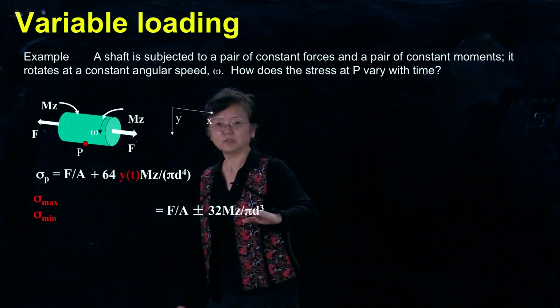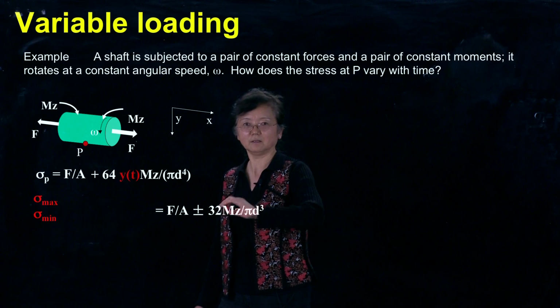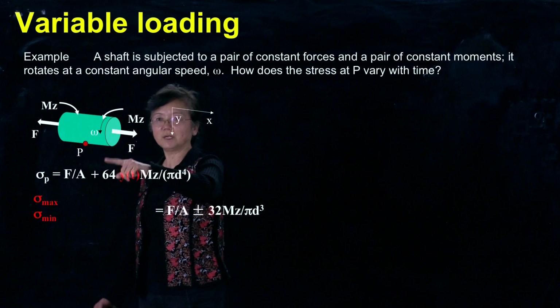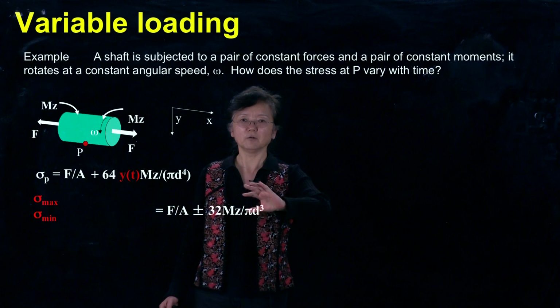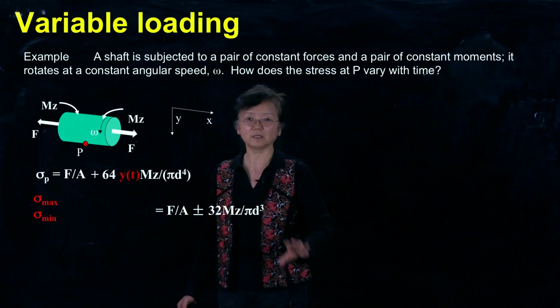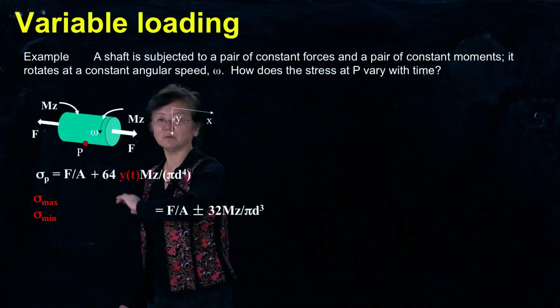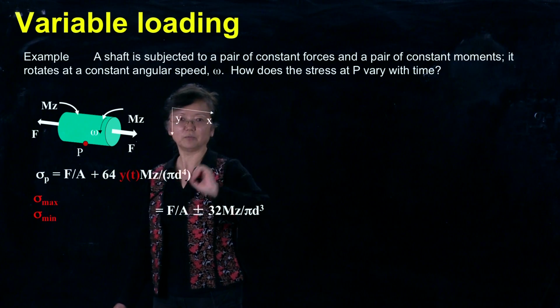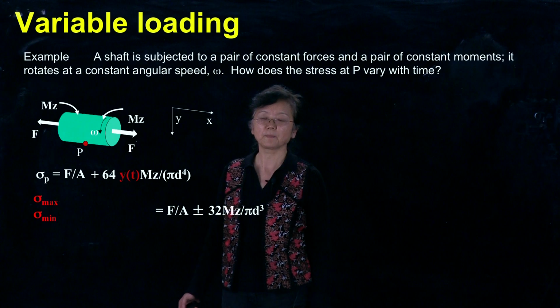It reaches the compression side, the negative part of the second term, when the P location changes to the top. Of course, when P is at the neutral axis, the second term becomes 0. But here we only define the maximum and the minimum of this variable stress.